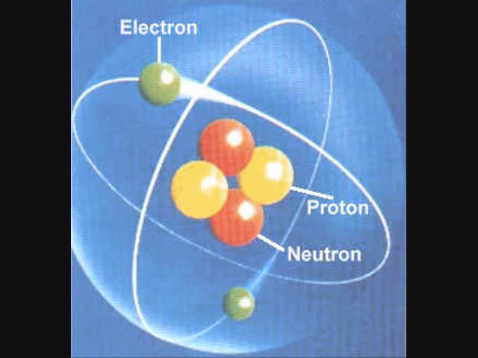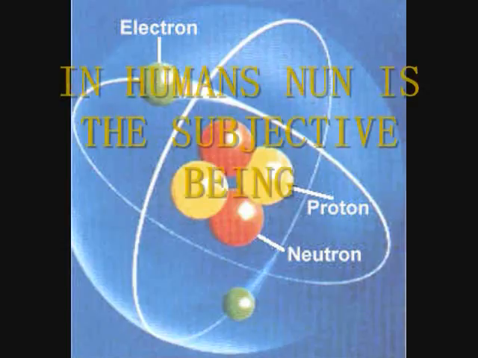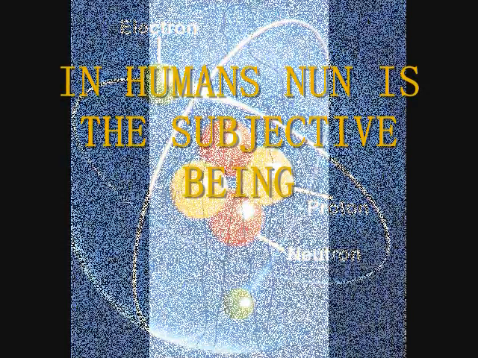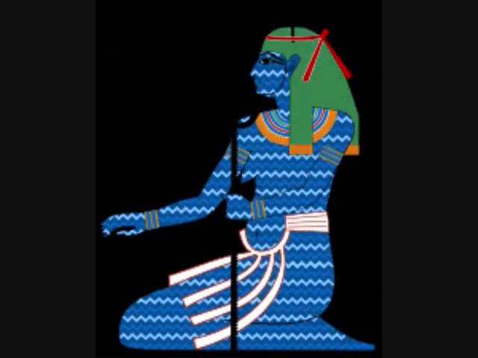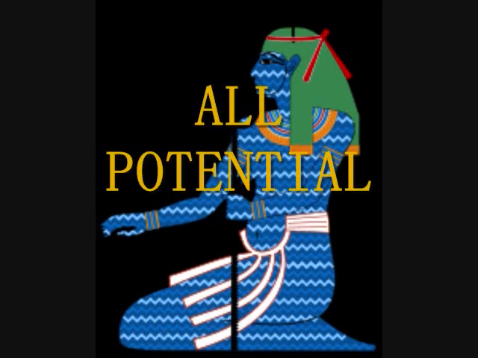Noon represents the subjective being, the symbol of the unformed, the unidentified, the undefined matter or energy, inert or inactive, the uncreated state before creation. But it's that state that is now building for creation. This is the Noon, the place of all potentiality.